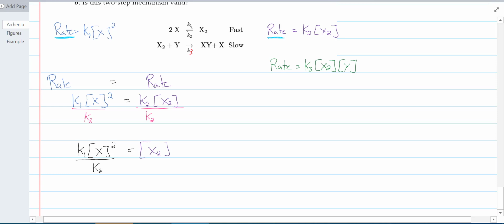Fun. So now we can substitute this right there.